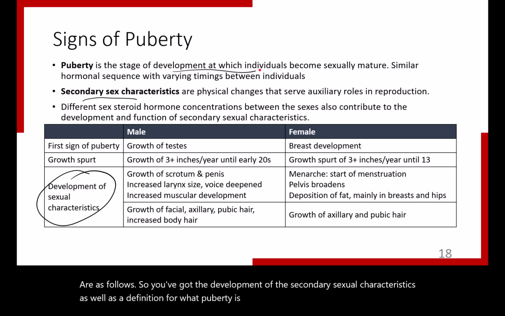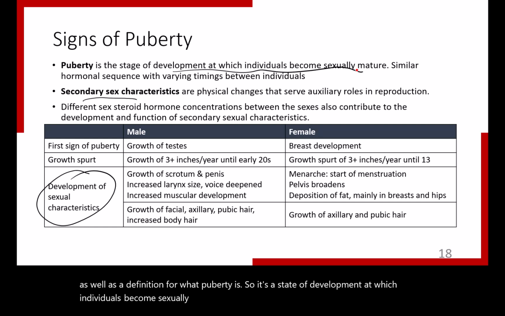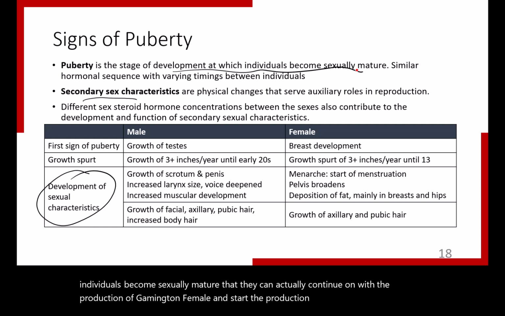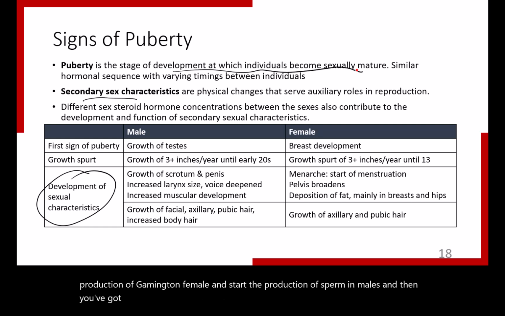So it's a stage of development at which individuals become sexually mature, that they can actually continue on with the production of gametes in females and start the production of sperm in males. And then you've got the growth spurt that's associated with puberty as well.